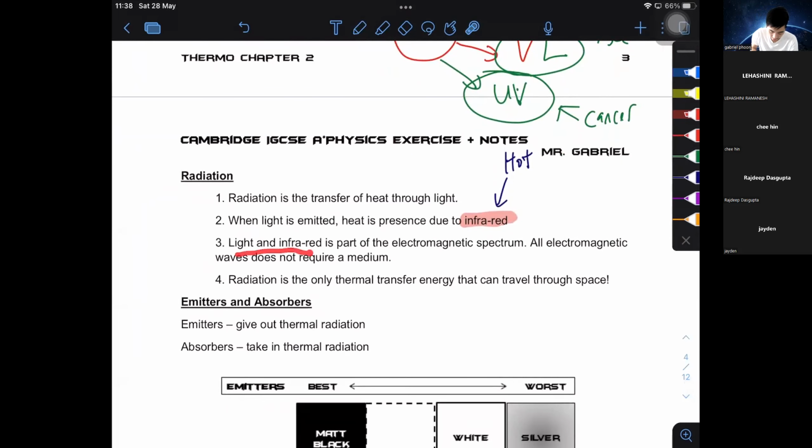Okay, light and infrared is part of the electromagnetic spectrum. All electromagnetic spectrum waves do not require a medium, meaning to say they can all travel in vacuum, guys. And finally, radiation is the only thermal transfer of energy that can travel through space. Yet again, indicating that it is the only one that can travel in a vacuum.